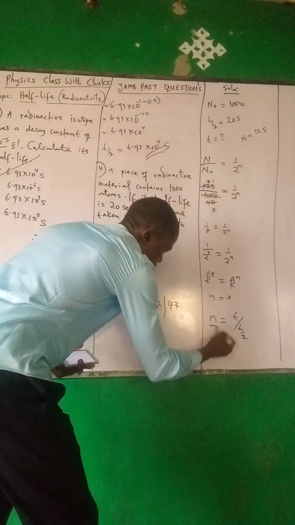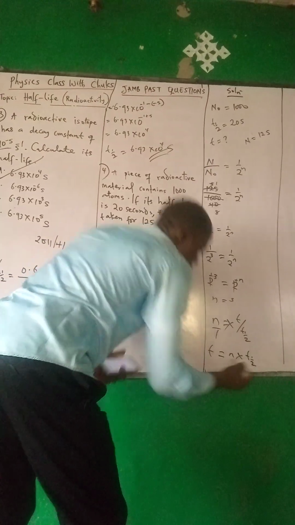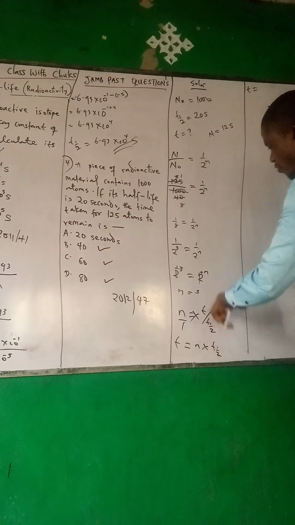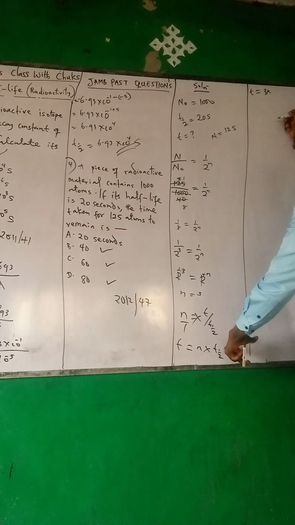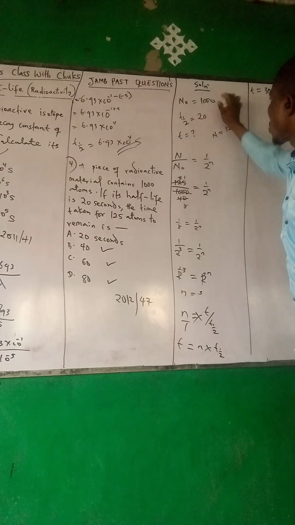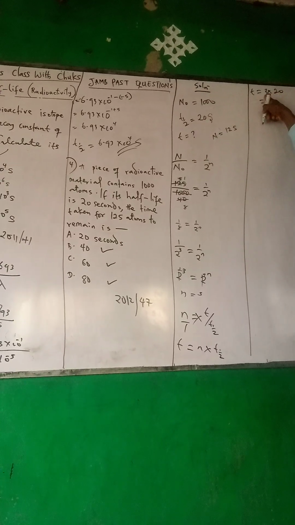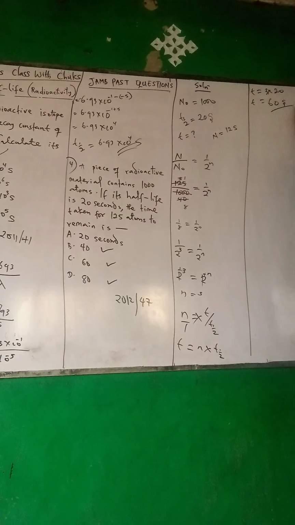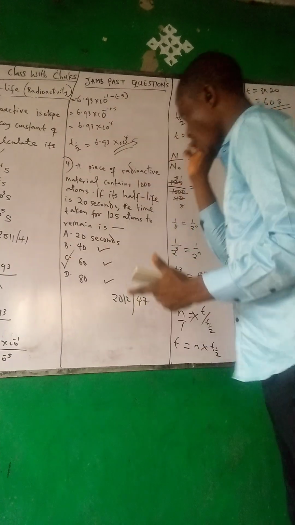That should be my small t equal to n times half-life. So small t equals the number of half-lives, 3, times half-life, which is given to me to be 20. 20 seconds is 20. So I multiply 3 times 20, that is 60. So the total time taken is 60 seconds. What is the correct option here? That is option number C.